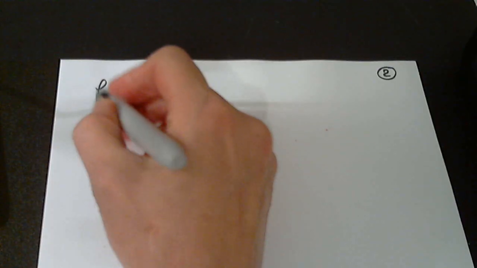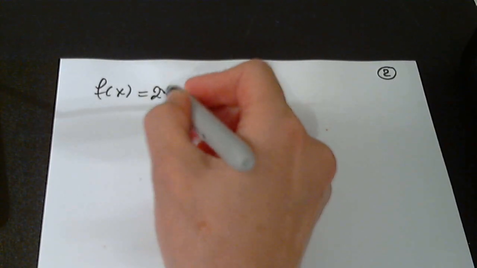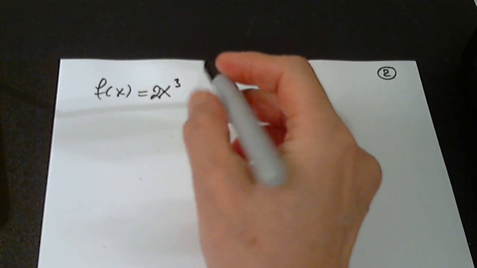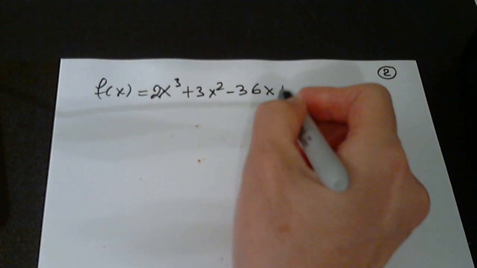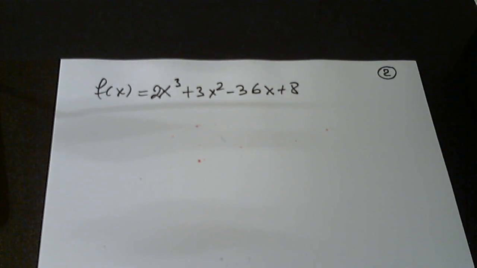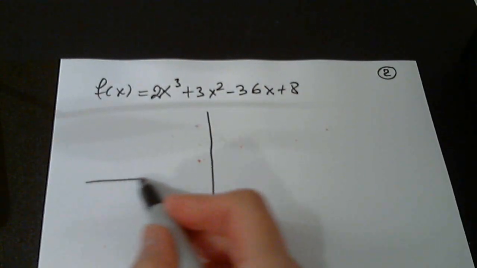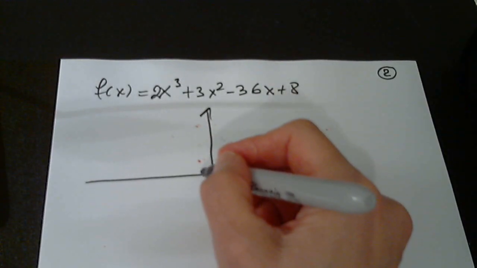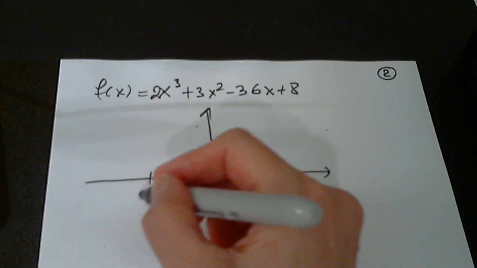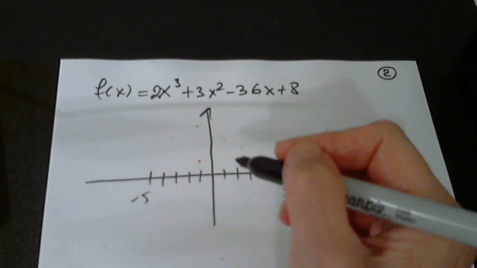Excellent. Let me copy the function first. So we have f of x equals 2x to the third plus 3x squared minus 36x plus 8. Excellent. And I am also going to copy the graph. So 1, 2, 3, 4, 5. Excellent.